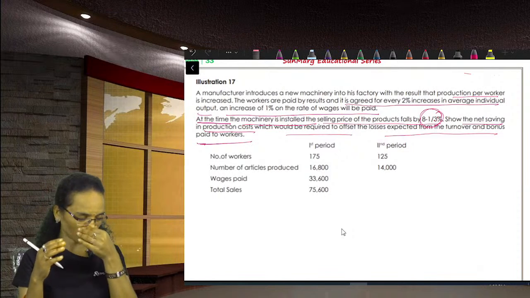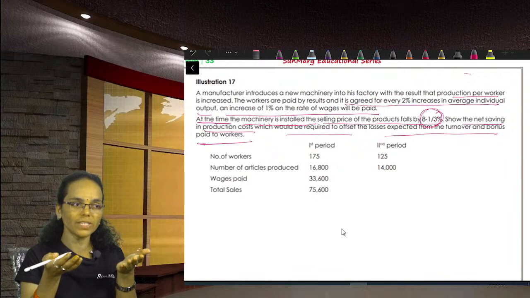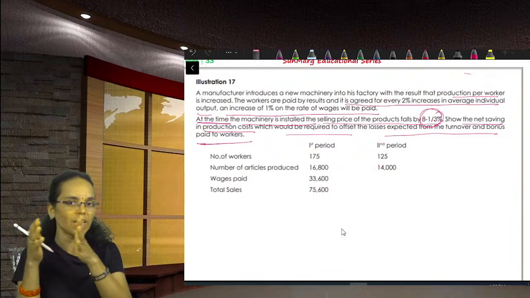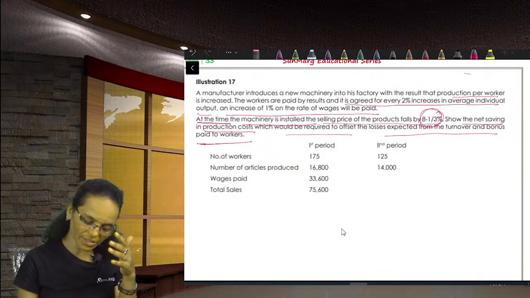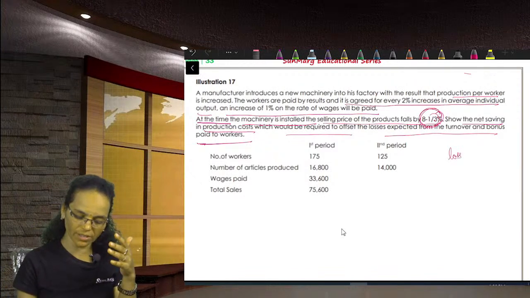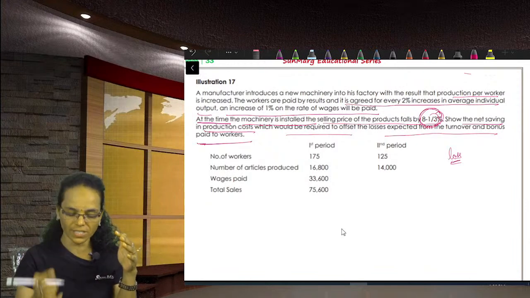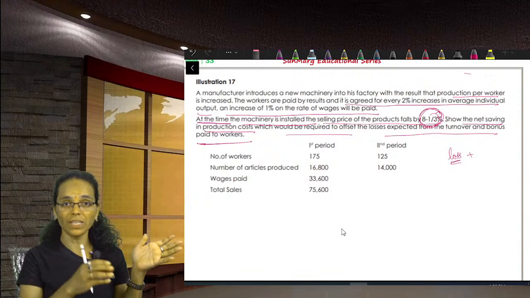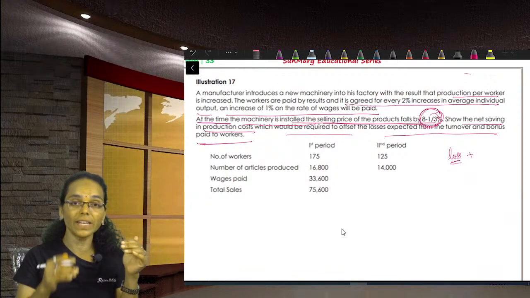See, when the employee is working more, when the employee is increasing his efficiency, 50% of the increase will be paid as a bonus to him, and the remaining is a gain. The bonus paid to the employees is a loss to the management, meaning additional expenditure incurred by installing this machinery, and there is a decrease in the sale price.